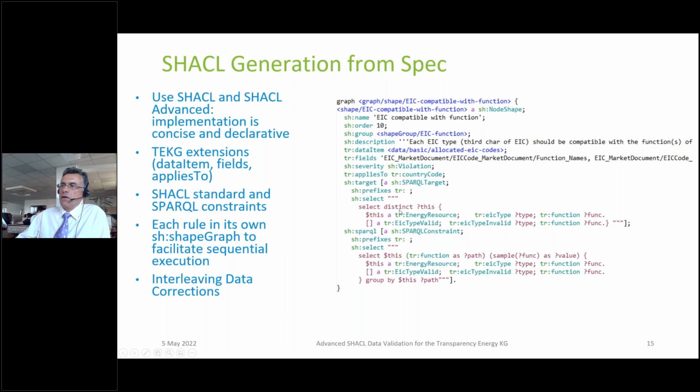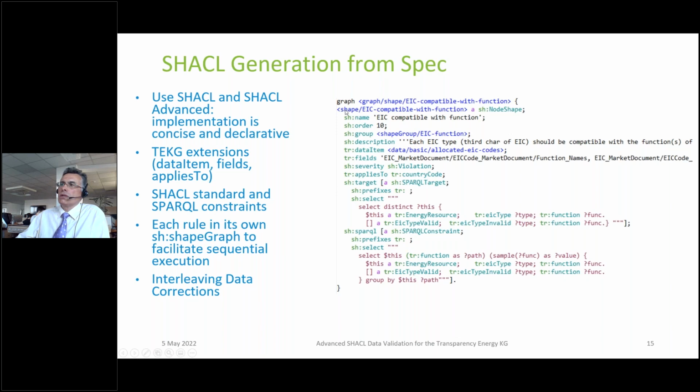This piece finds nodes that violate the rule, and this piece returns extra information, namely which property is to blame. So you see here that the property function is to blame for not being compatible with the EIC code. And it also returns some extra information here in the value, namely what is one of the incorrect values that are present.